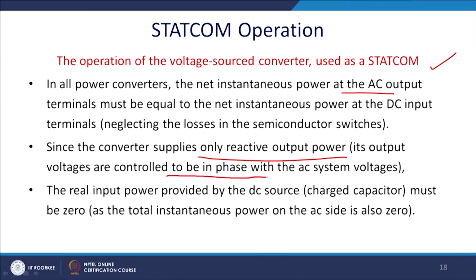Since the converter supplies only reactive power, its output voltage is controlled to be in phase with the system voltages. So, this is one of the requirements. The real power provided by the DC source or the charged capacitor must be 0, as the total instantaneous power on the AC side is always 0.